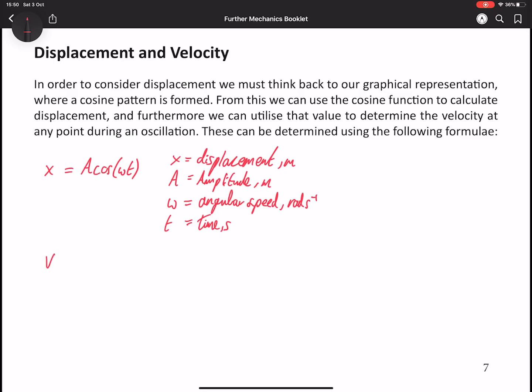Now, the velocity equation comes in two forms. Firstly, we get our standard velocity one, which is given as a plus or minus, depending on which vector direction we're dealing with as positive and which one's negative, as the oscillation obviously goes in both directions. And then we have omega root, and in that root we have A squared minus x squared.